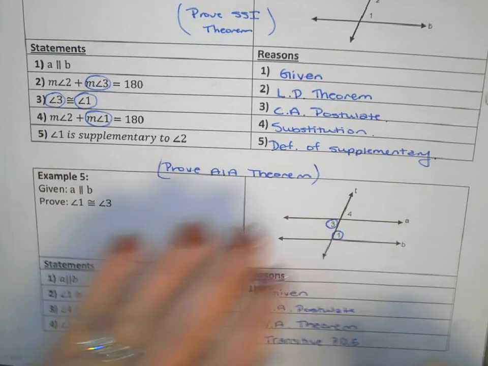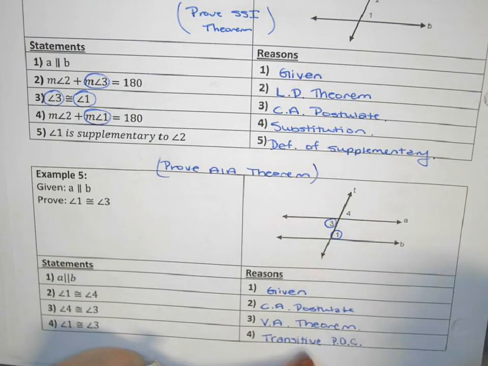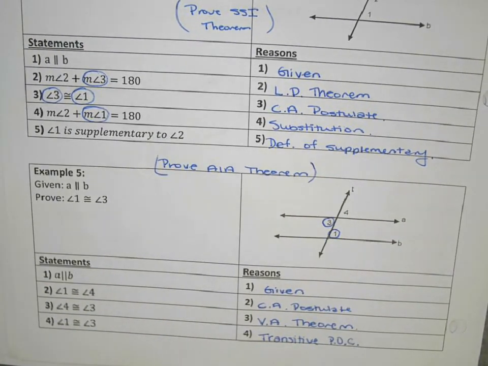Or actually, it's property of congruence, not property of equality. Or substitution. Either one would work. And there we prove the alternate interior angles theorem.